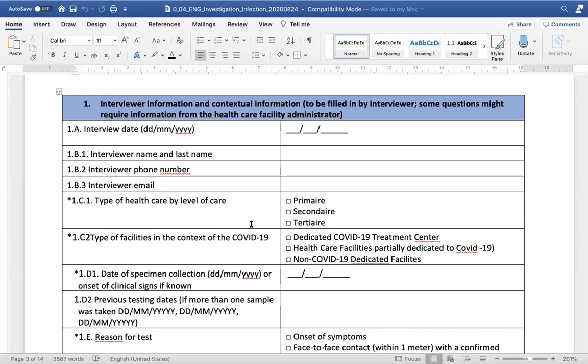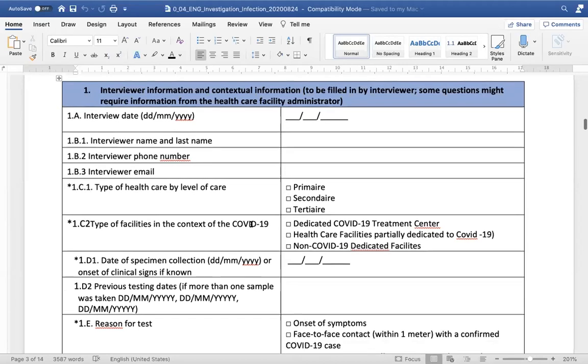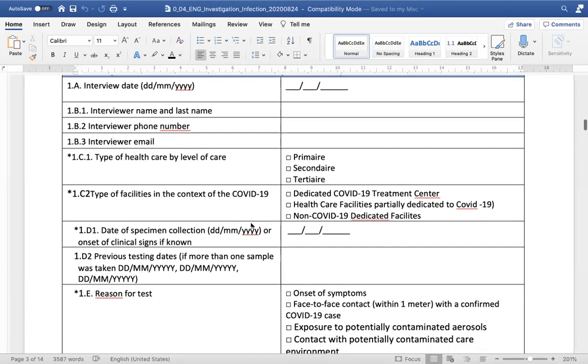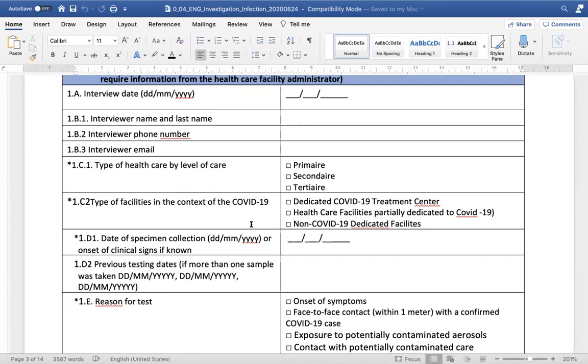So we have the date, we have the name and the last name of the interviewer, and the type of health facility that we are dealing with. The type of facility in the context of COVID, whether it's dedicated to COVID management, or a mixed one, or a non-COVID health facility.